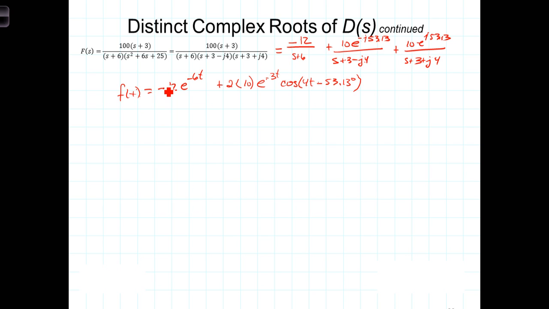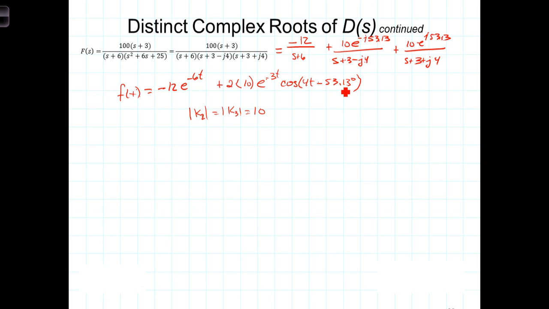Let's look here first. Let's note that the magnitude of K2 equaled the magnitude of K3, which equaled 10. So this value right here, that 10, was simply the magnitude of both K2 and K3. Now, we'll notice this phase term here, 53.13. That phase term is the phase of K2. Notice the sign on K2 is minus, and the sign down here turns out to be minus sign there also.